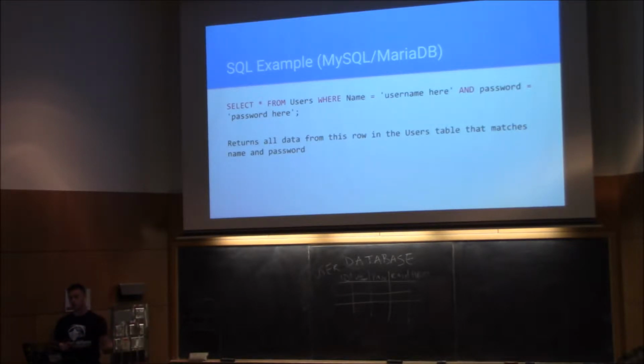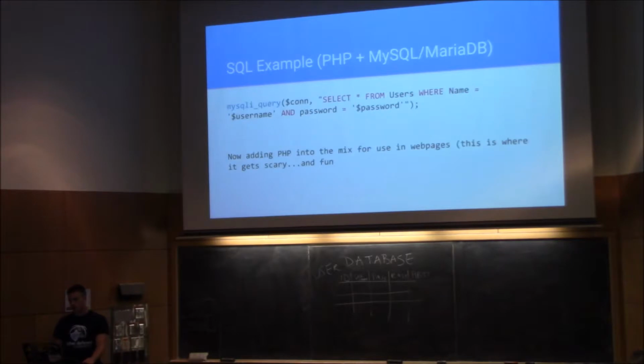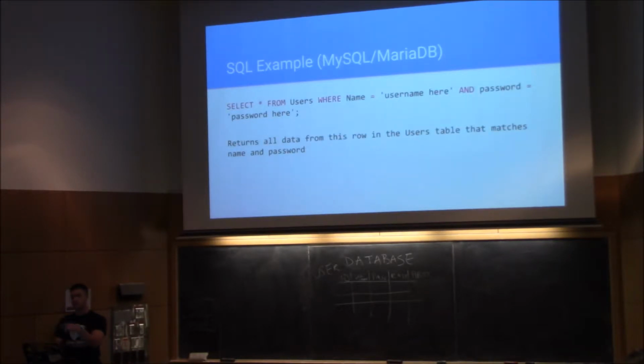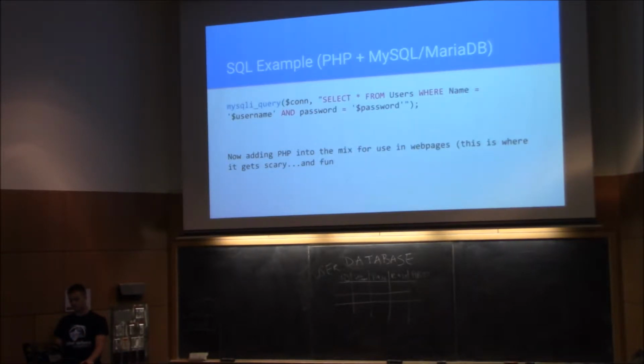But basically, we're selecting star, meaning everything, from the users table, where the name column is equal to the inputted username, and password is equal to the inputted password. What this does is it returns all data from that specific row in the users table that matches the inputted name and password. Okay, so that's the syntax for MySQL and MariaDB.